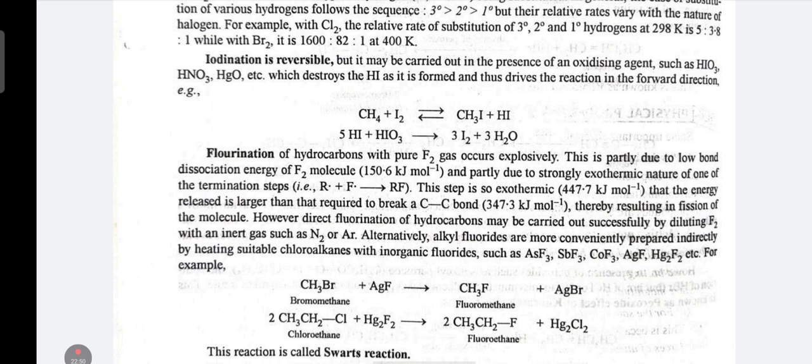However, direct fluorination of hydrocarbons may be carried out successfully by diluting F2 with an inert gas such as N2 or argon. Alternatively, alkyl fluorides are most conveniently prepared indirectly by heating the suitable chloroalkane with an inorganic fluoride such as arsenic fluoride and some more.